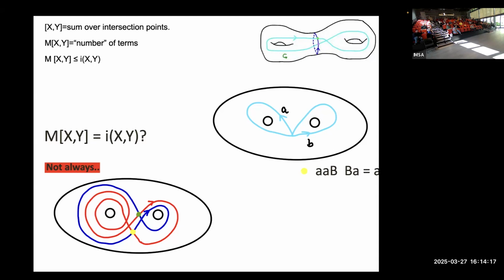Well, here it shows that things can cancel. Something happened with my slide, but the idea is if you take these two curves, in terms of words, one is A capital B, the other is A capital B. If you follow the red curve, you do first AA and then B, and then you do the blue curve. Let's just compute the bracket corresponding to this yellow point.